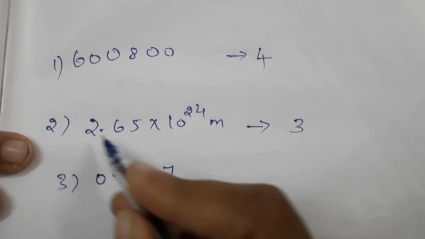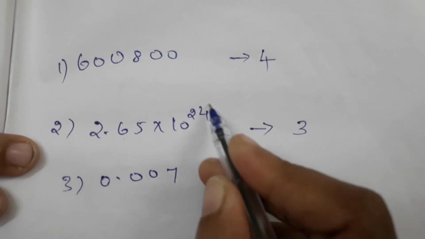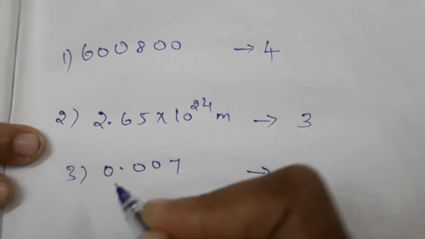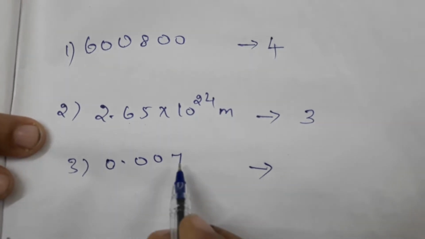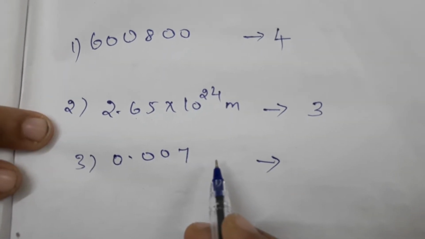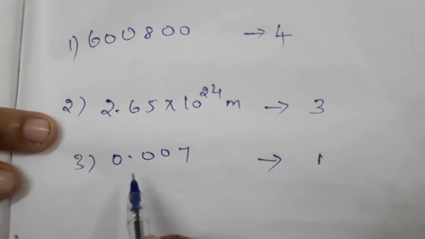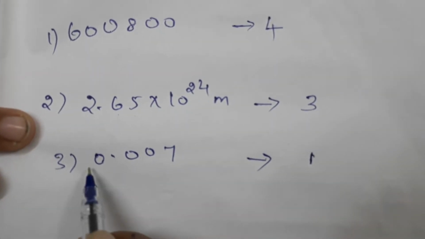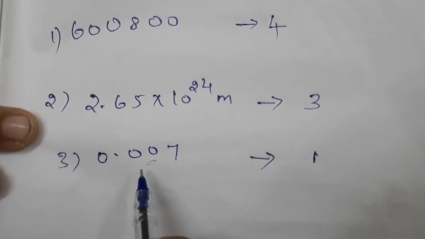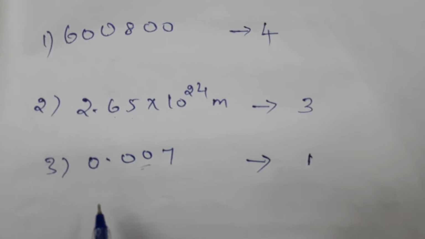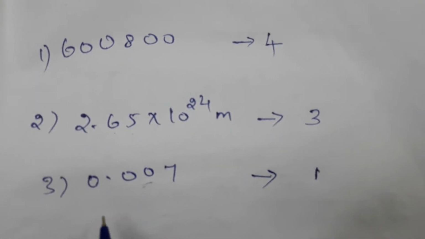That is 1, 2, 3. The power of 10 is irrelevant. 0.007. How many significant figures are there? Yes, only one significant figure because the number is less than 1. So these zeros are not included for significant figures. Students, you have to practice the examples from the book.